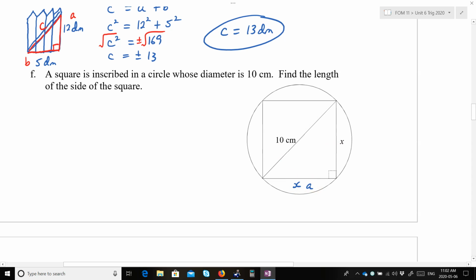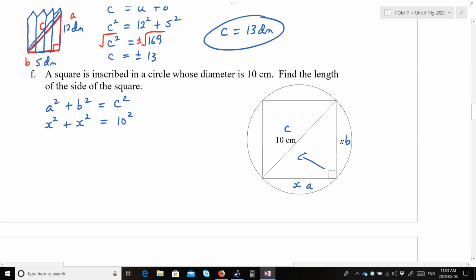And so this is like our A and our B, and across from the 90 is C. So in doing A squared plus B squared equals C squared, A is x, so x squared, plus B is also x. X squared equals C is 10, so 10 squared.